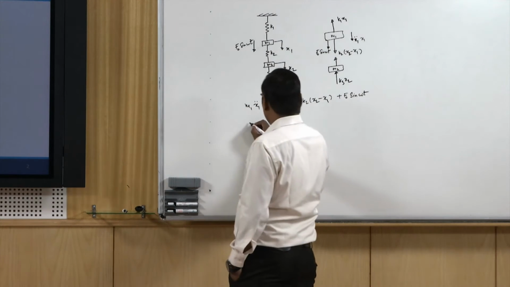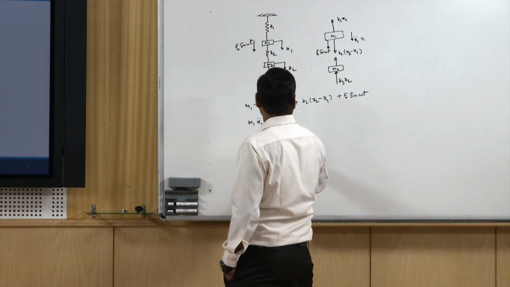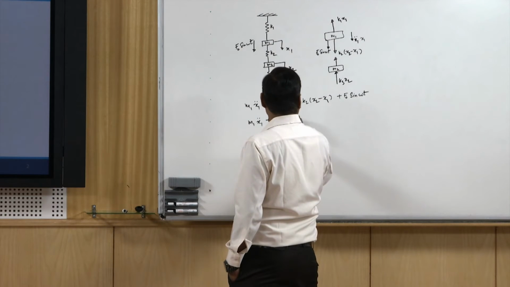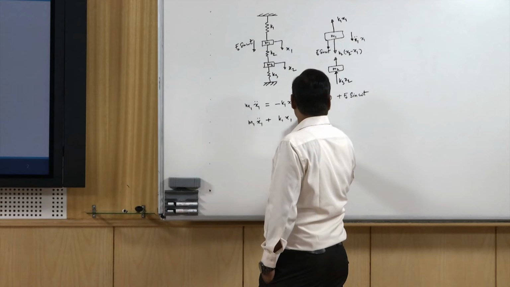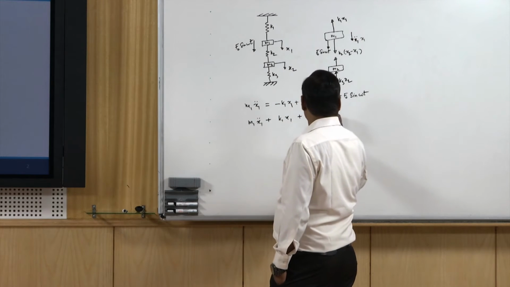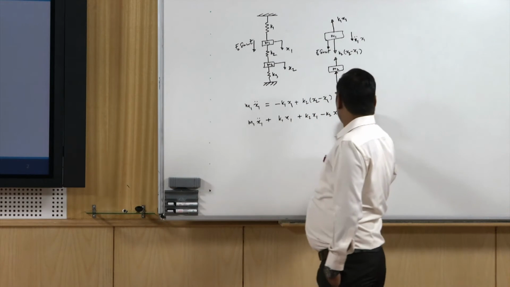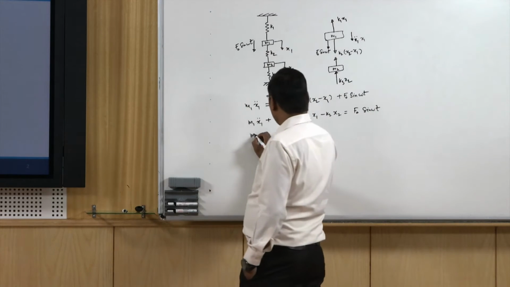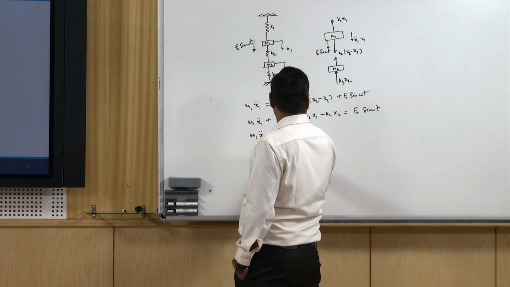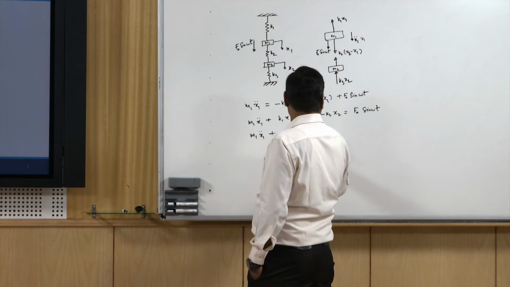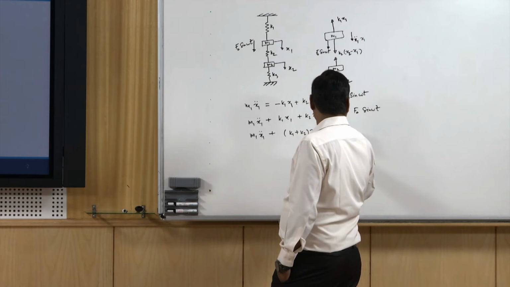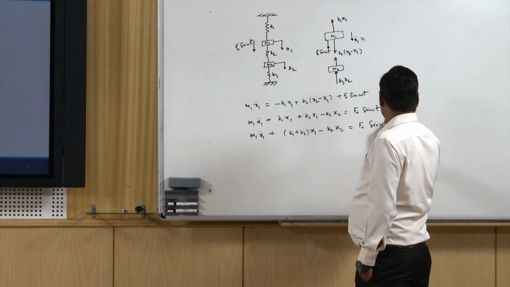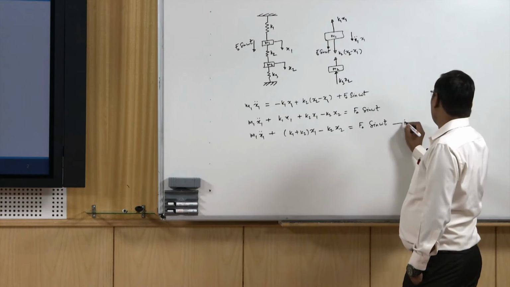We can rewrite this equation as m1 x1 double dot plus k1 x1 plus k2 x1 minus k2 x2 equals F0 sin omega t. So we can write m1 x1 double dot plus (k1 plus k2) x1 minus k2 x2 equals F0 sin omega t. This is equation number 1.